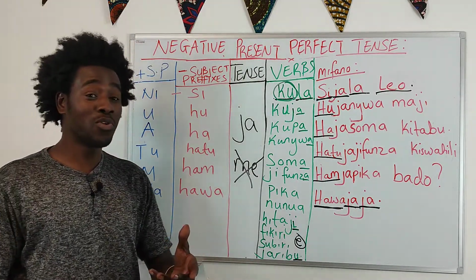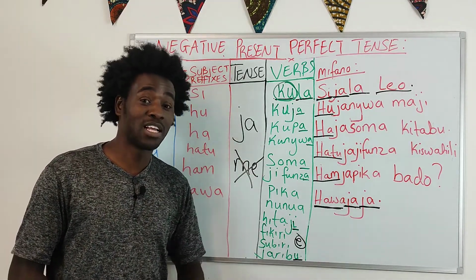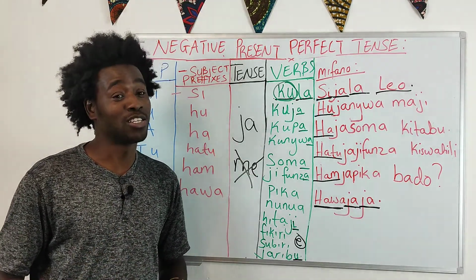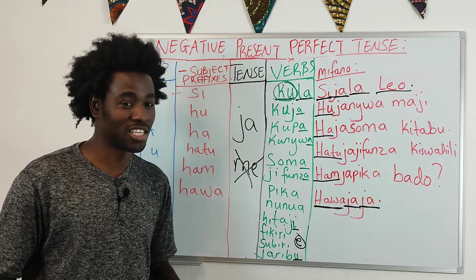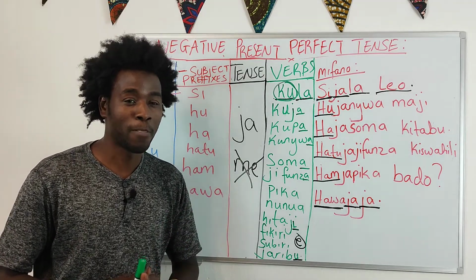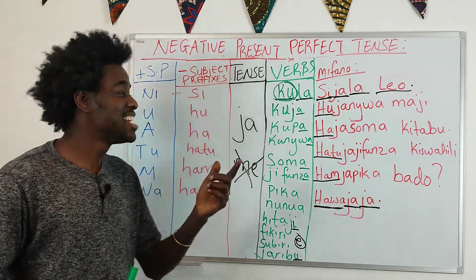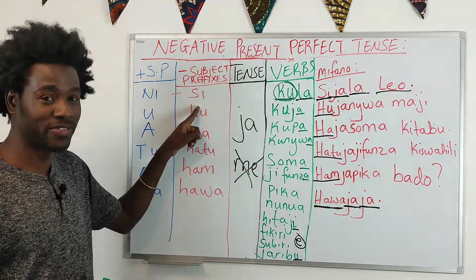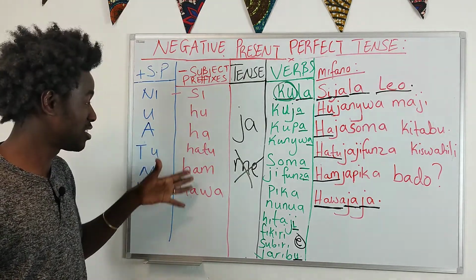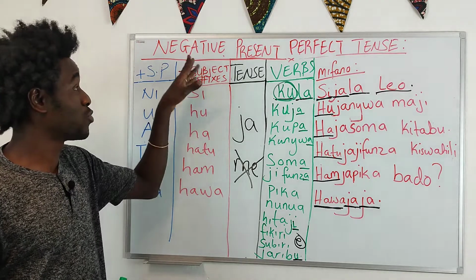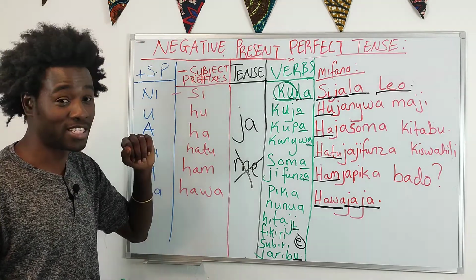But before we go to the examples, I always have the rules in order to construct a sentence. Rule number 1, use the negative subject prefix, this one here, because we are constructing a negative sentence.